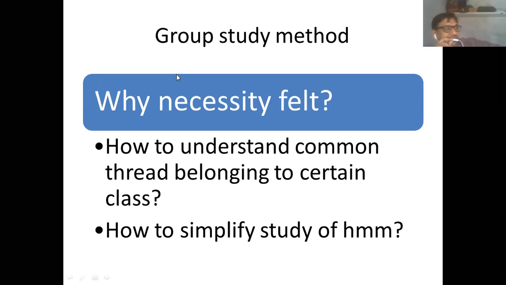Instead of remembering 100 symptoms of 10 remedies, why not remember only the 10 symptoms which are common to the 10 remedies of the same class? And this is how they have evolved the group study method to simplify the study of homeopathic materia medica.